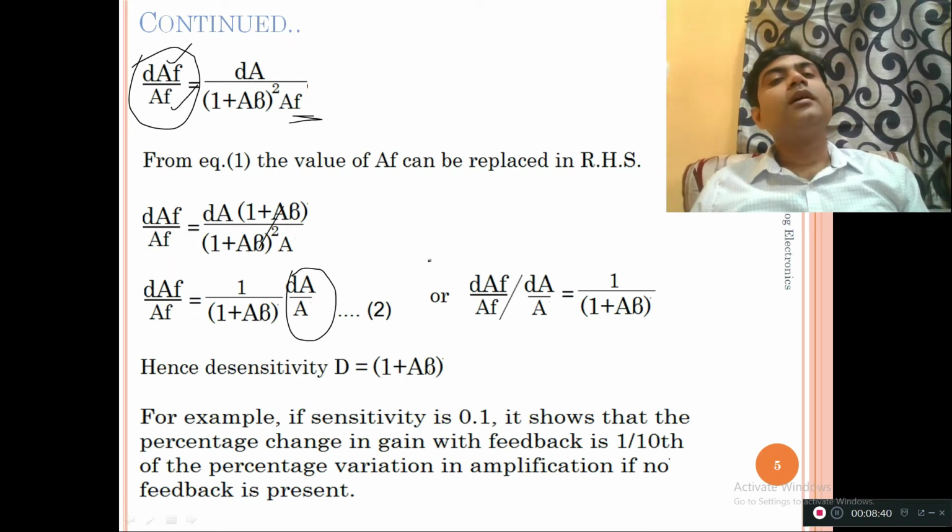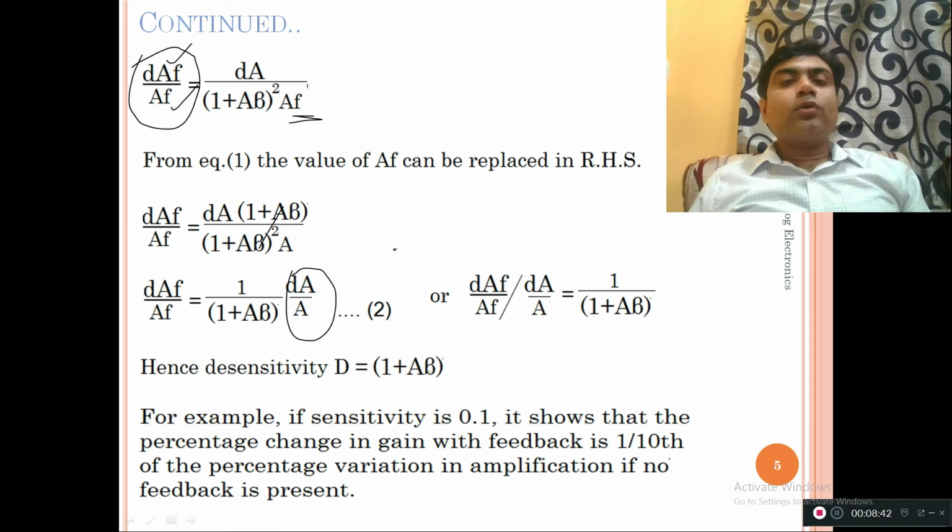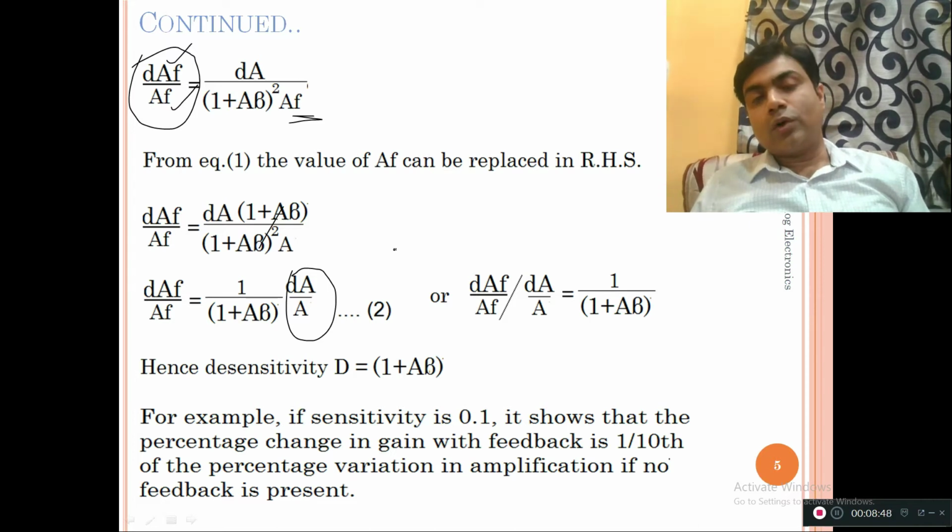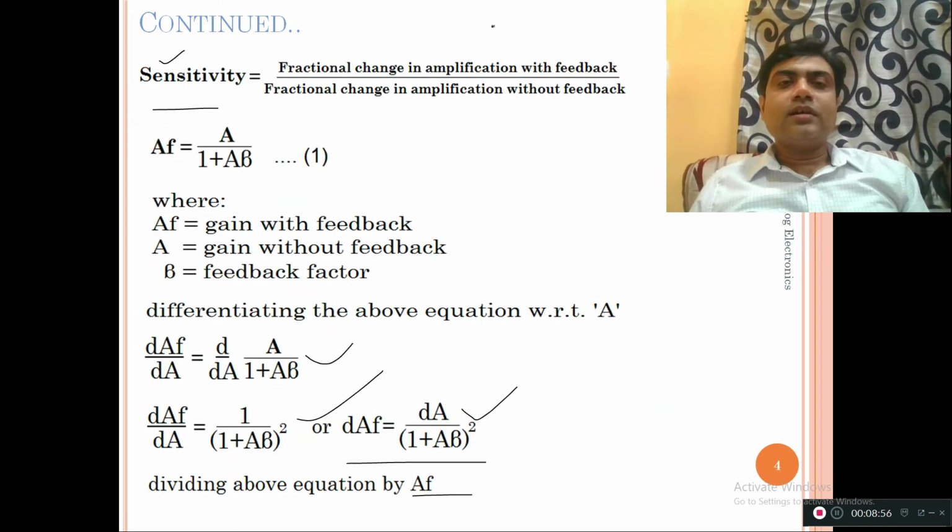So this dA upon A is a small change in the value of the gain with respect to the original value of the gain when we do not consider the feedback. What is the equation?